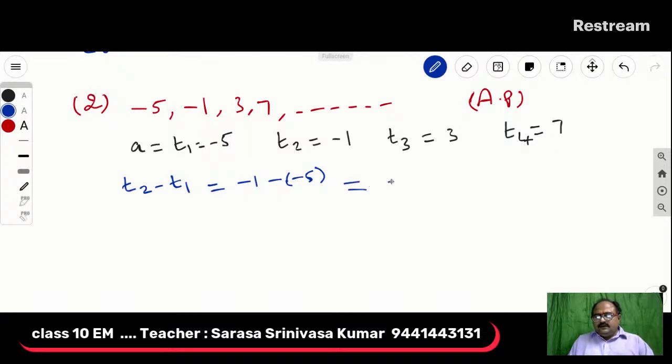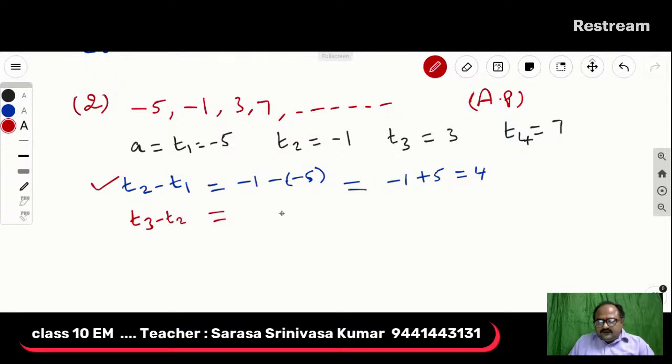Therefore, we get minus 1 plus 5 equal to 4. Like that, we consider t3 minus t2 also. In this particular problem, this step is enough. I am writing other steps also for some other problems to verify whether the given numbers are in arithmetic progression or not, so that we can decide whether there is a common difference or not.